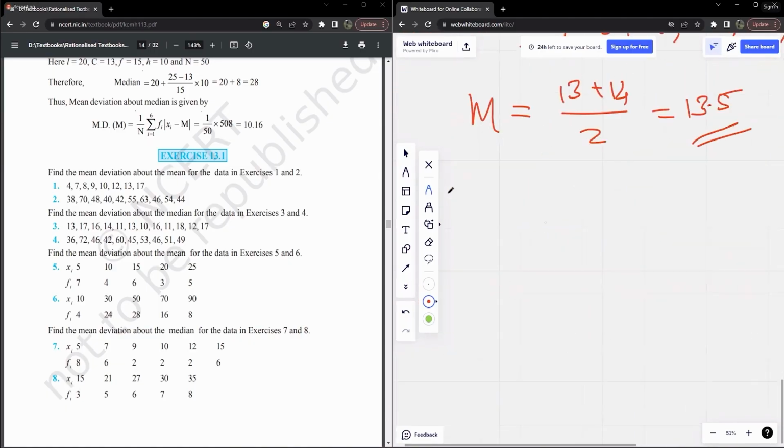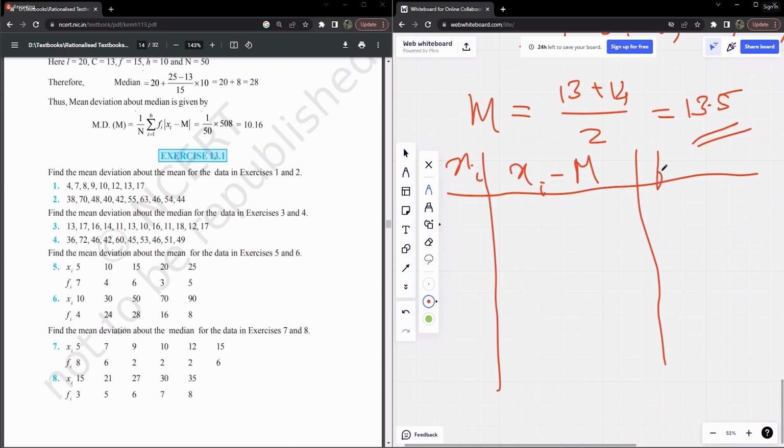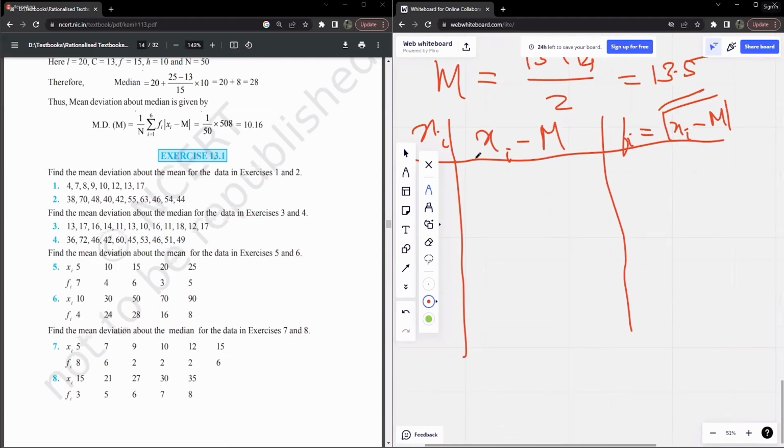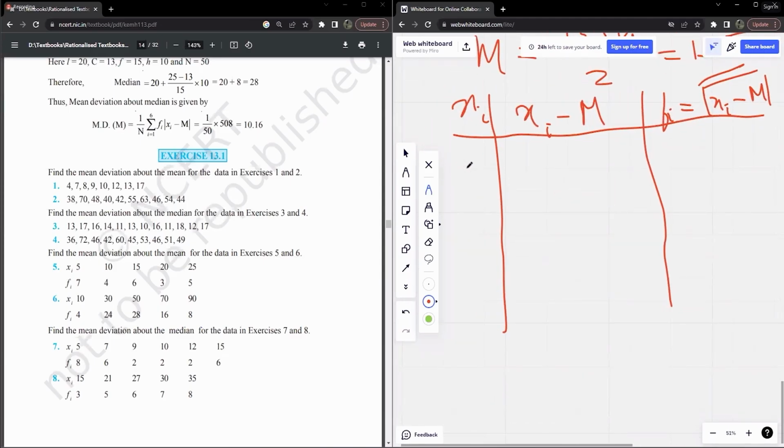So we go ahead with drawing the table. Or if you are very well versed and very confident in your maths, you can just proceed without drawing the table also. So this is going to be xi, xi minus capital M, and fi is equal to mod of xi minus capital M. Your xi then is going to be 13, 17, 16, 14, 11, 13.